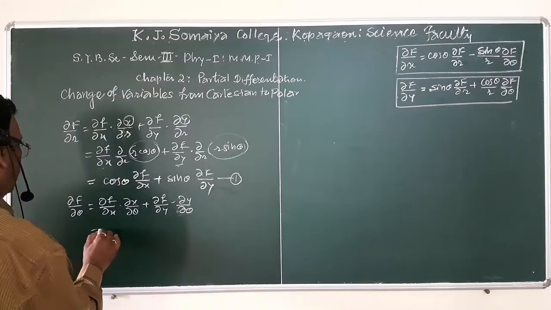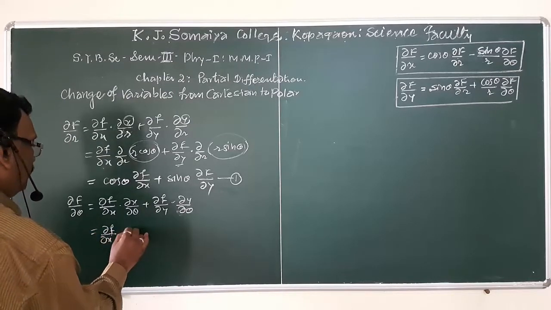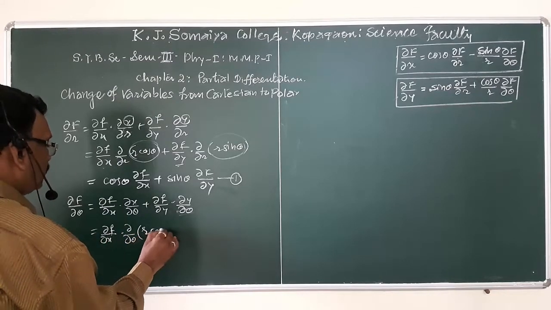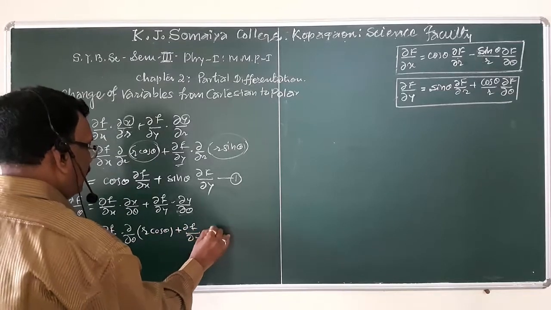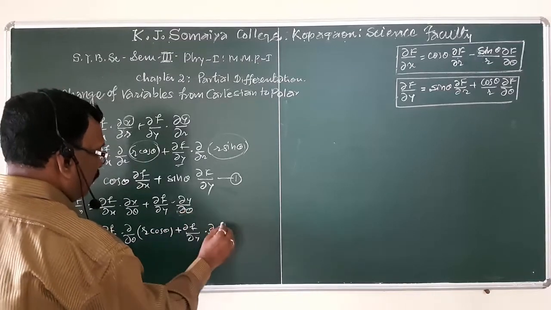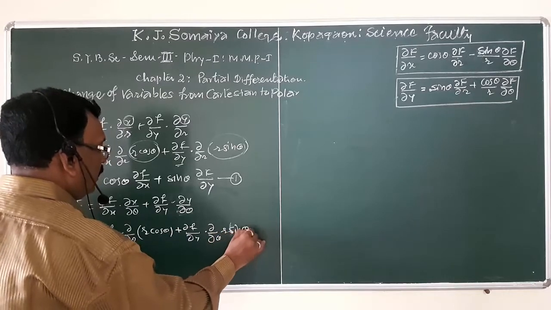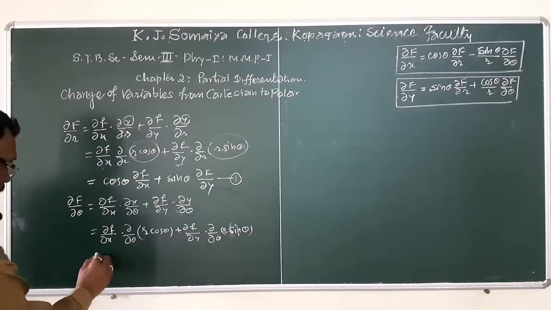Here we have delta f by delta x into delta by delta theta of the value of x, which is r cos theta, plus delta f by delta y into delta by delta theta of the value of y, which is r sin theta. Then solve this equation.